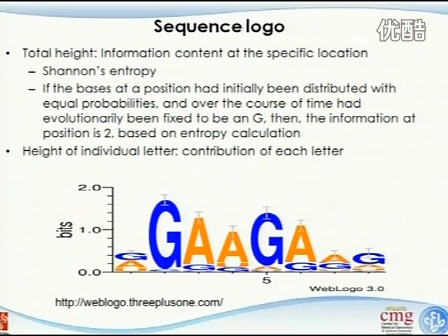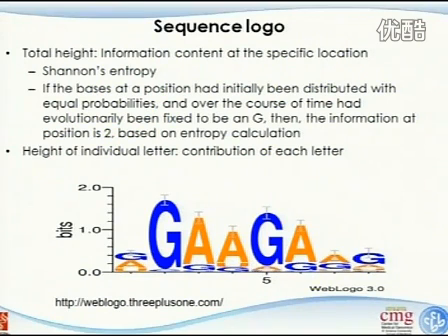Don't mess with that location. If this is a G, make it a G. If it's anything else, the protein is probably not going to bind there, because this particular letter is so important. So the total height for each location suggests the information content of that location.